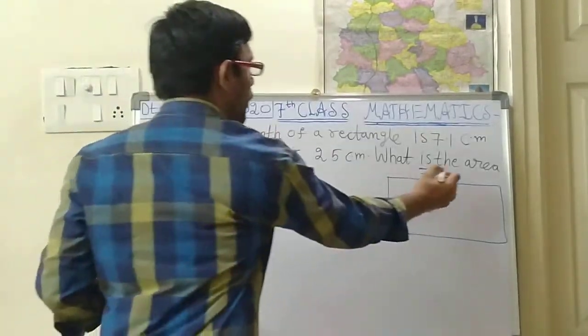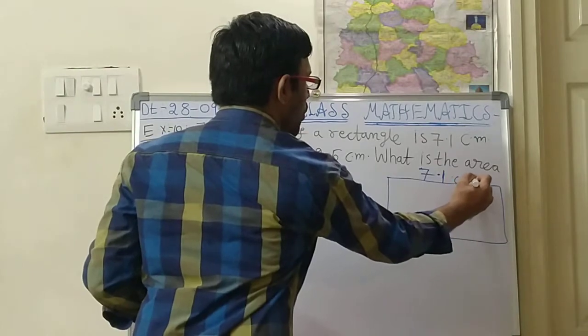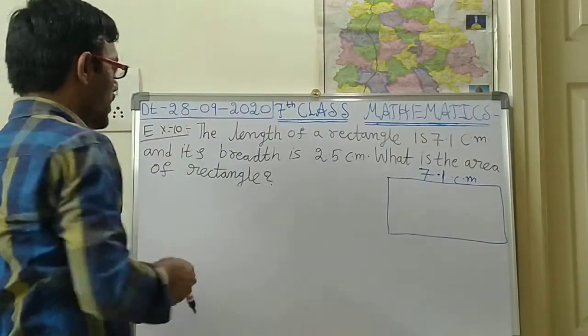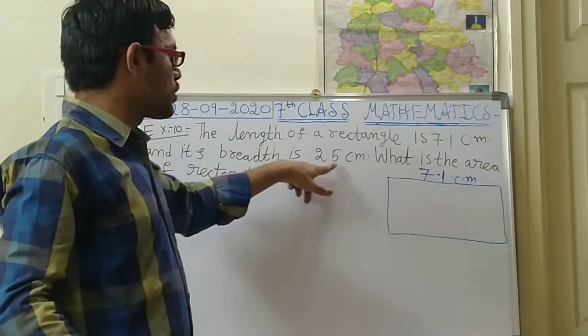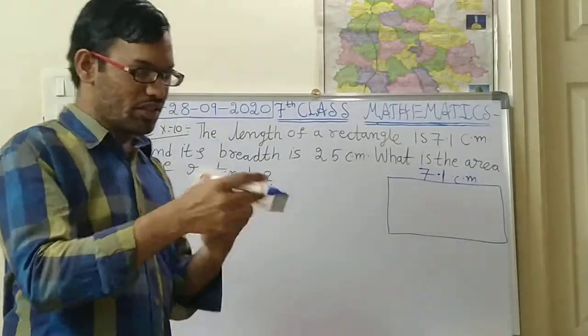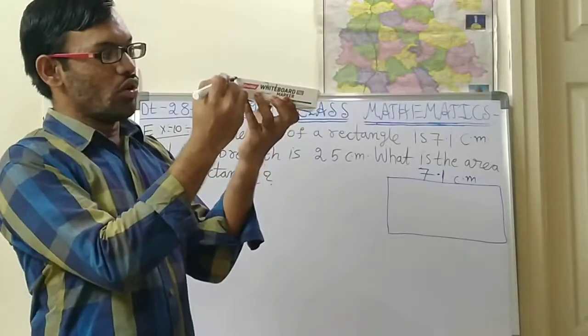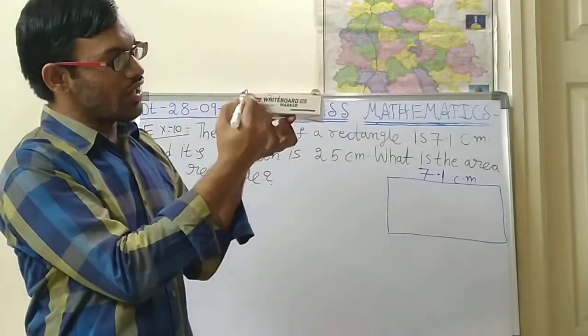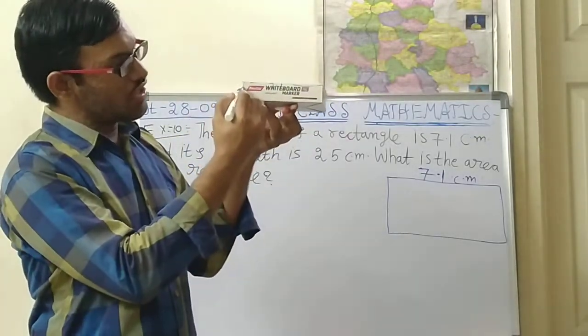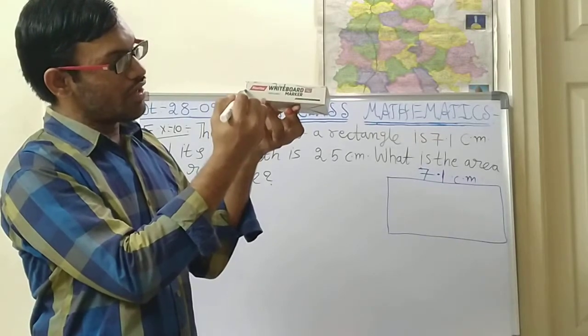Next, what he asked: its breadth is 2.5 centimeters. Breadth means its shortest length. Here this is the longest and this is the shortest, so this is the breadth.